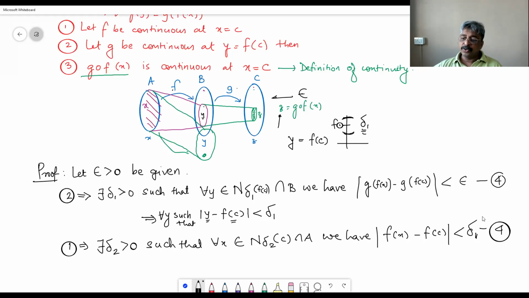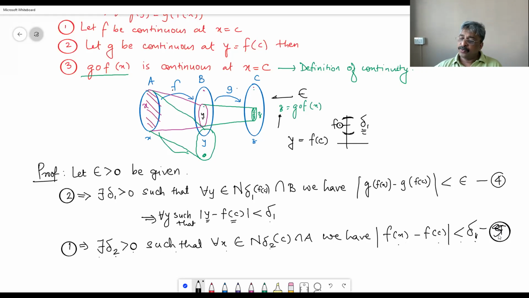So now do you realize that there is a series which is happening? There exists delta 2 greater than 0 such that for every x in the delta 2 neighborhood of c intersection A, we have |f of x minus f of c| less than delta 1. But for every such y with |f of x minus f of c| less than delta 1, we have |g of f of x minus g of f of c| less than epsilon.